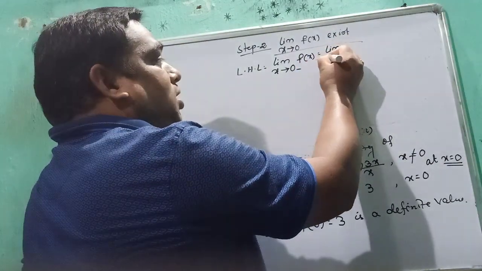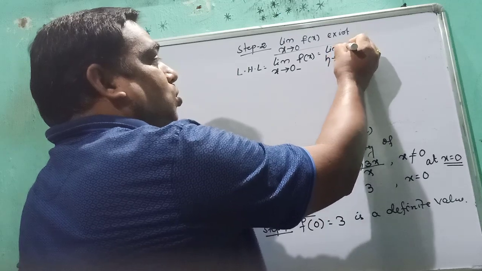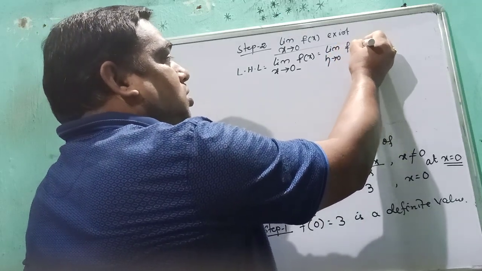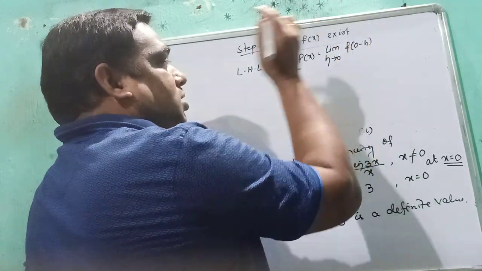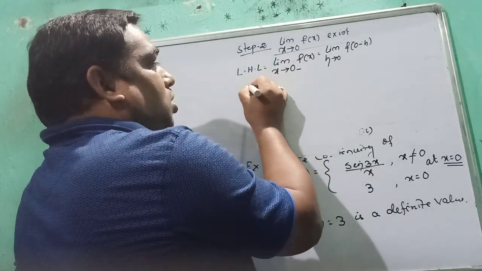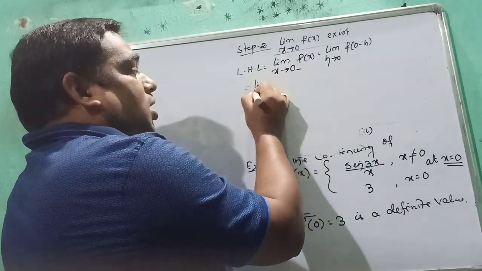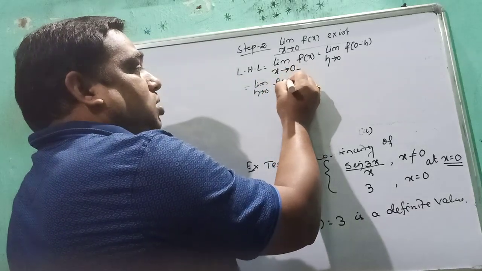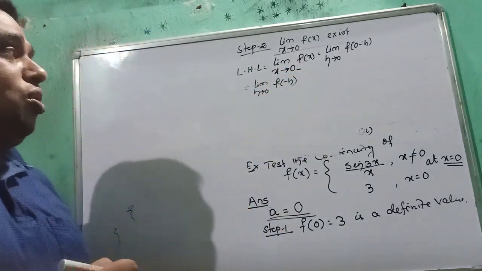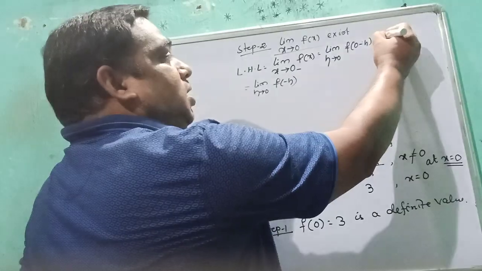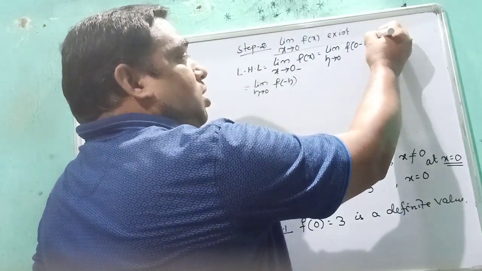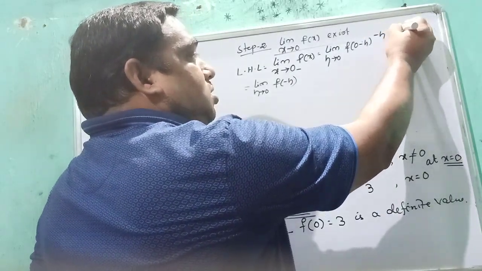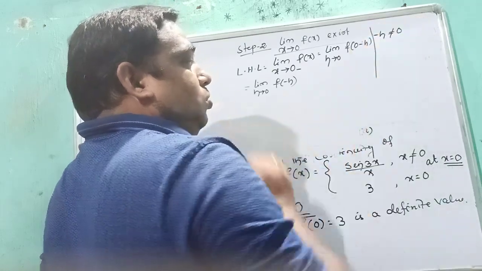Its value is limit h tends to 0 of f(0 minus h), which is equal to limit h tends to 0 of f(minus h). We know that h is a very small positive quantity, so minus h is not equal to 0.